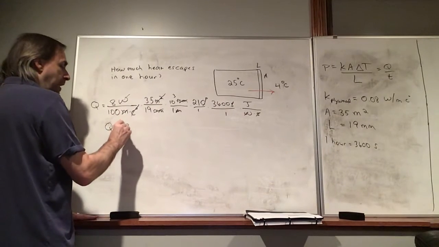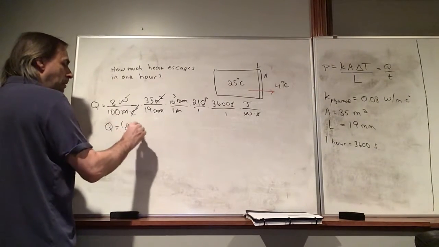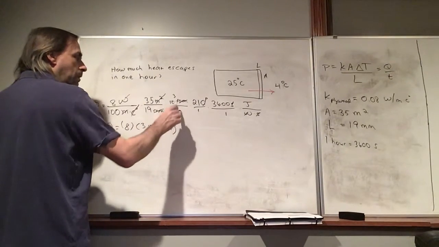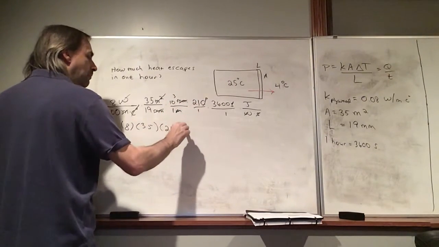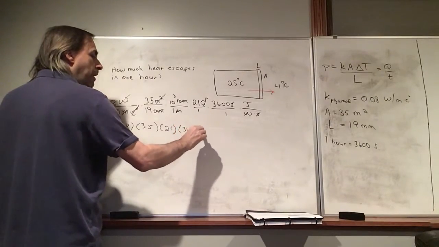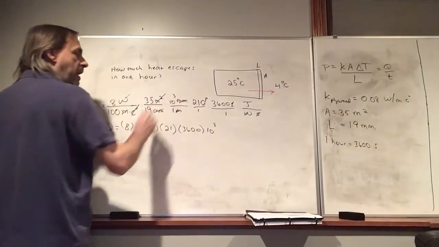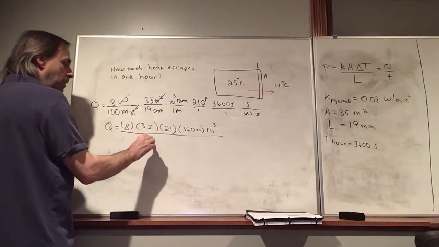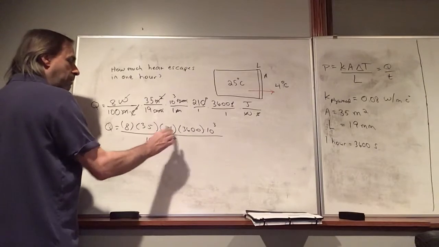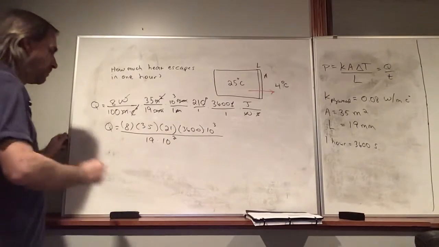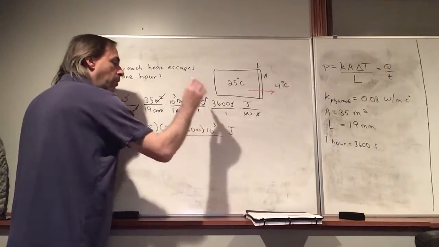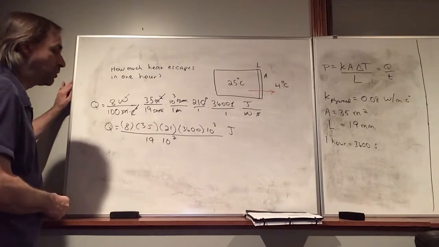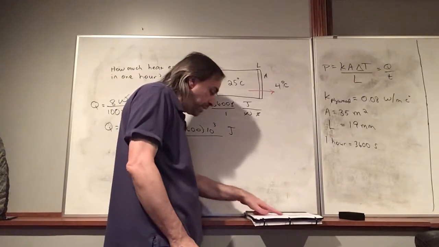So here we have 8 times 35, 21, 3,600, and then this factor, which I neglected. On the bottom, we just have 19 times 100, which is 10 squared. That would be in joules. Okay, now, since I have it in the notes, I'm just going to look at this.